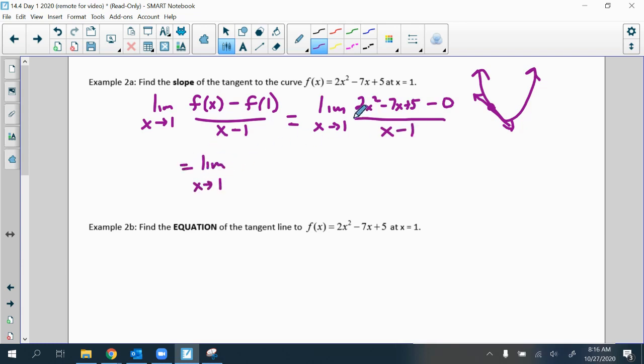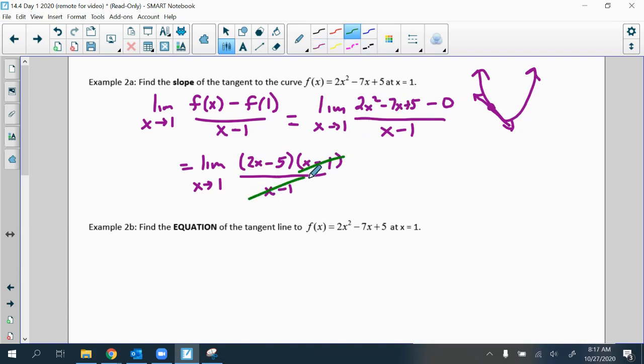Limit as x approaches 1. I'm going to factor the numerator; notice that I subtracted 0, which doesn't really do anything. So I factor it: I have 2x and x, minus 5 and minus 1. If I multiply it back out, I get 2x squared minus 7x plus 5.